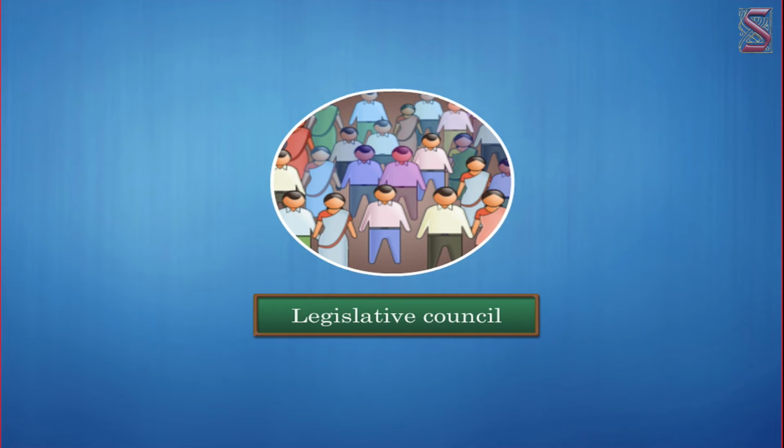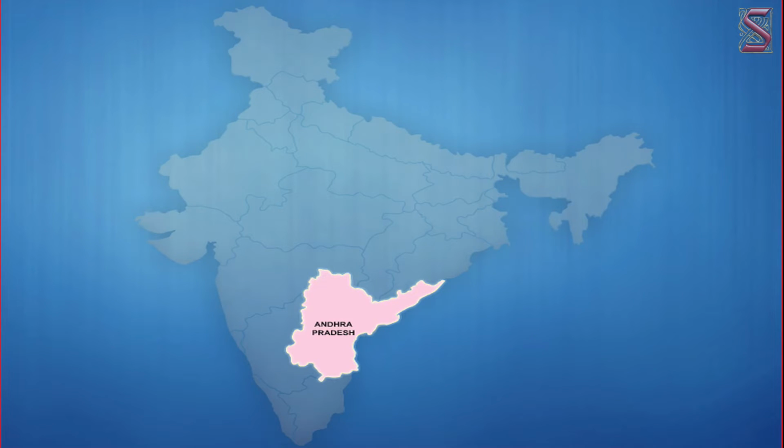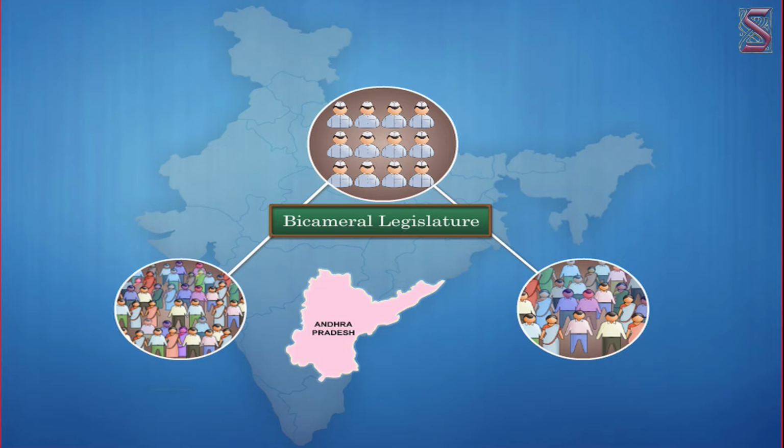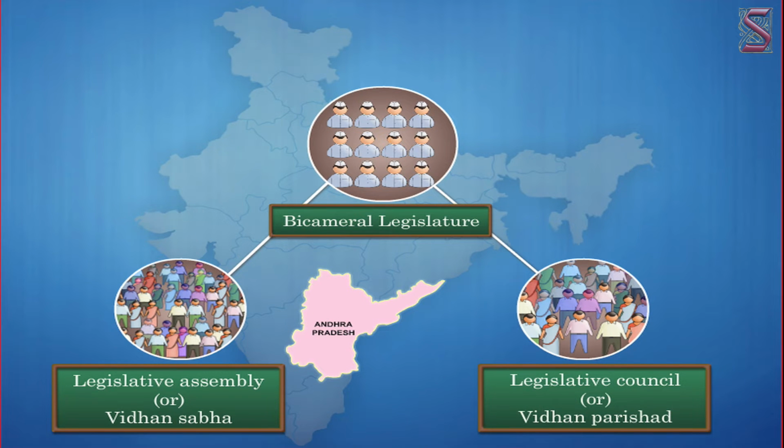Legislative Council. Before we move further, we must learn more about Legislative Council also. In Andhra Pradesh, we have a bicameral system, that is, we have two houses, the Legislative Assembly, also known as Vidhan Sabha, and the Legislative Council, also known as the Vidhan Parishad.